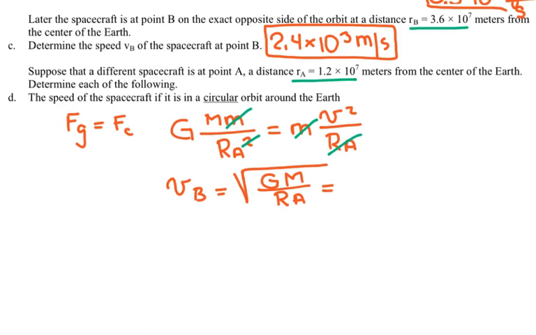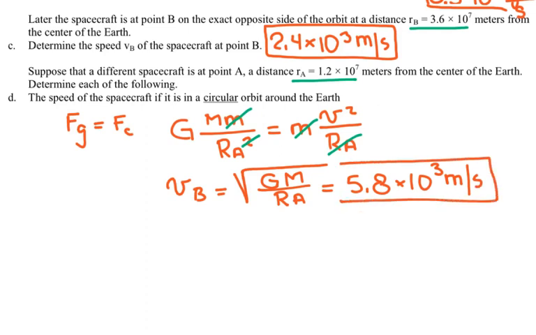So if I plug in these numbers, it looks like I'm going to get 5.8 times 10 to the 3rd meters per second. So that would be my answer for D.